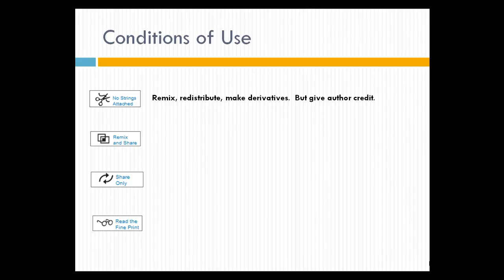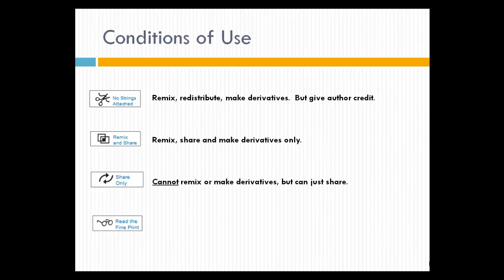When you see the remix and share icon, it means you can remix, redistribute, and make derivatives of a resource, but under some restrictions. The share-only icon means you cannot remix or make derivative works, but you can still share it. Lastly, the read the fine print icon means the resource is copyrighted and available under fair use and the TEACH Act for U.S.-based educators.